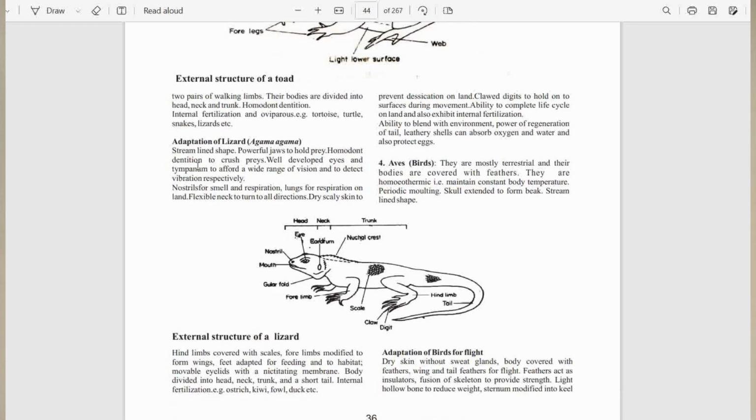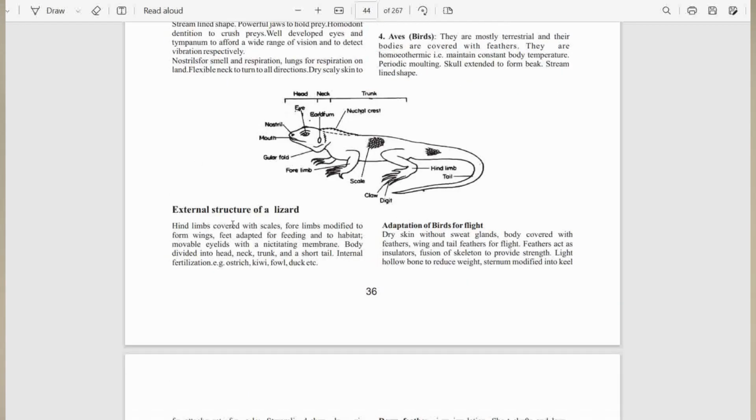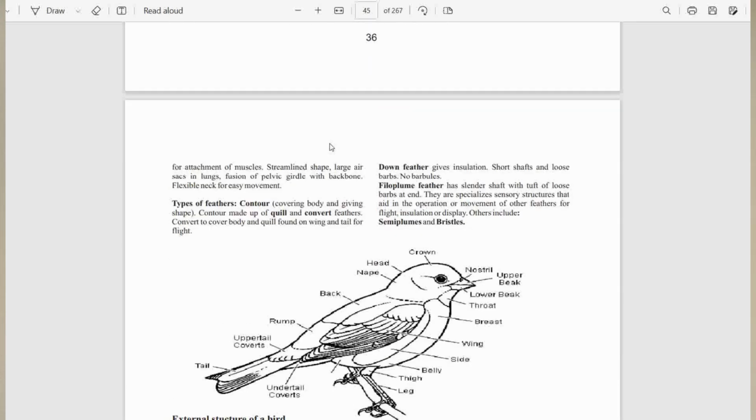And also for the reptiles, you should also be able to describe a representative organism. For example, the lizard. You should be able to tell how the lizard adapts to the environment. You should be able to draw and label.